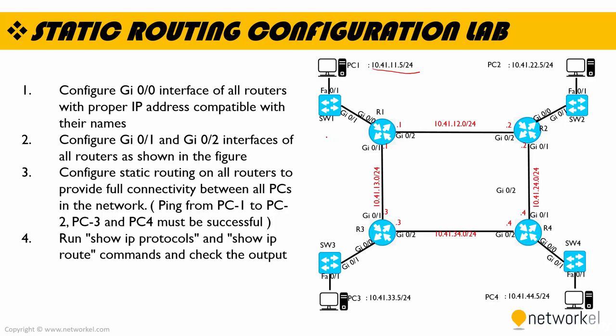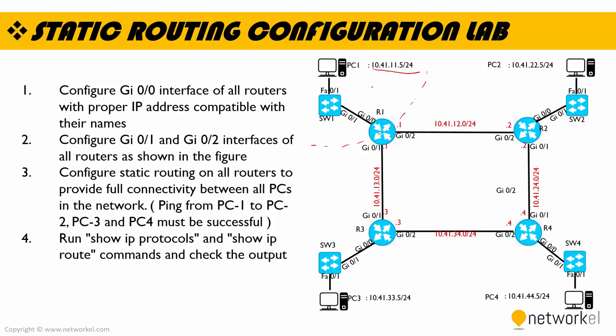So what does that mean? That means that we can derive something, I think. Could we define the network IDs for here using this information?